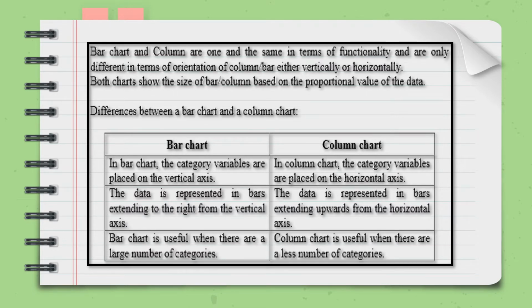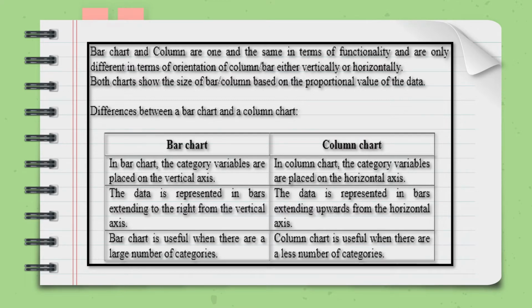Try to look at the table, class. In bar chart, the category variables are placed on the vertical axis. And in the column chart, the category variables are placed on the horizontal axis. In bar chart, the data is represented in bars extending to the right from the vertical axis.